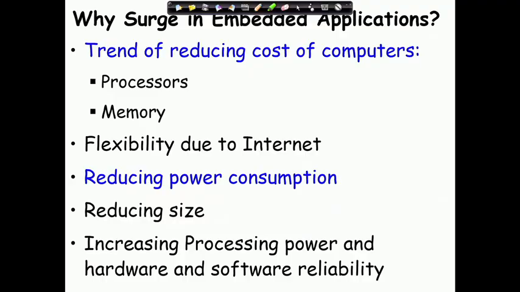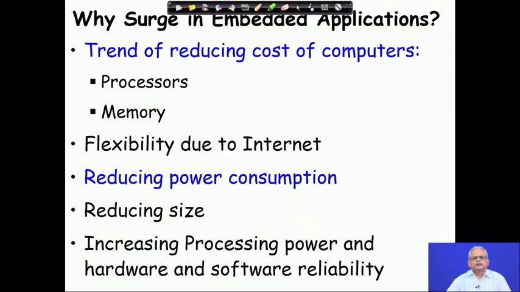So, then why suddenly in the last 20 years is there such a large increase in the real time applications? The most important thing is that the prices of computers have really fallen. The processors, memory, etc. have become very cheap.